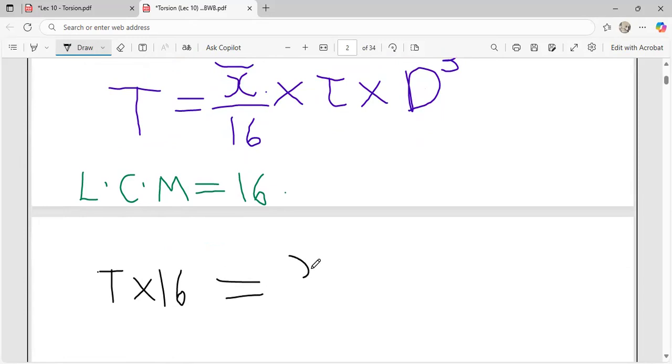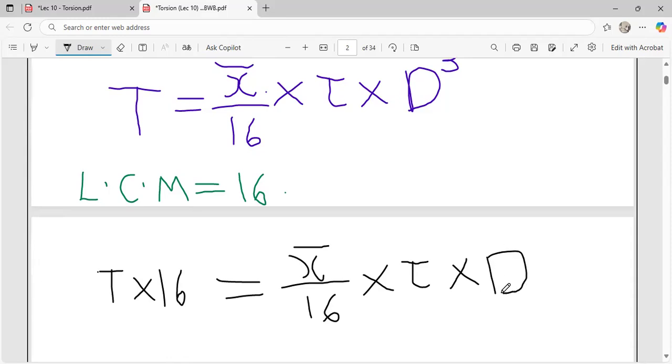pi over 16 times tau times d cube, all times 16.